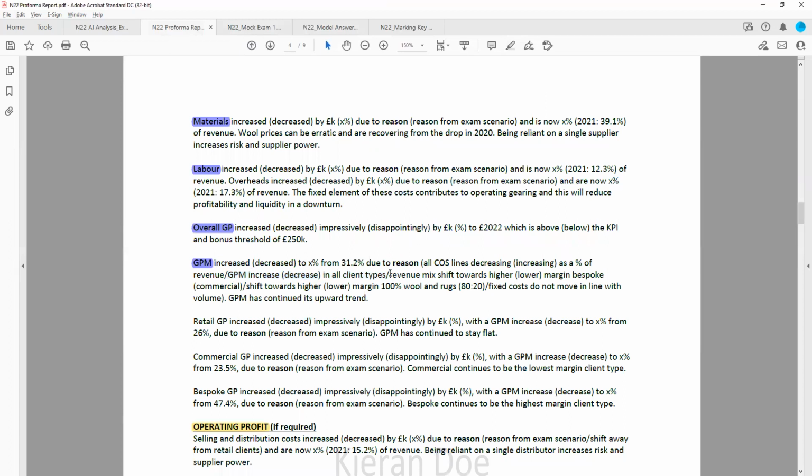The other things which would affect the gross profit margin, as well as looking at cost of sales and their percentage of revenue, you can look at the gross profit margin for each of the client types to see which of those have gone up. If revenue mix has moved towards higher margin clients, so in this case bespoke, which is higher margin, or towards lower margin commercial, then that would cause it to go up if it's moved towards bespoke.